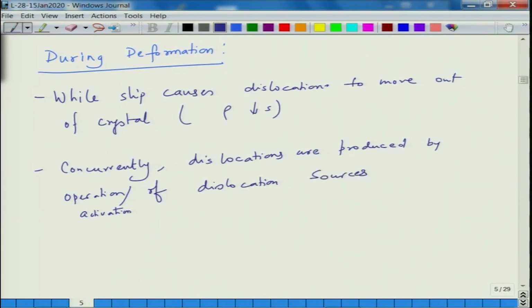So, there are sources in the material which produce dislocations. So, this tends to increase the dislocation density.